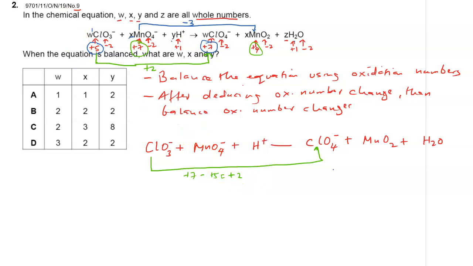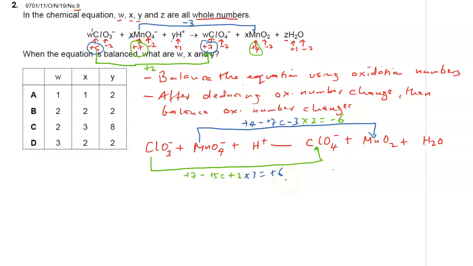For manganese, from here to here, it has decreased from +7 to +4, so +4 minus +7 gives us -3. So we need to balance these charges. To balance that, we multiply by 3 here to give us +6. We multiply by 2 here to give us -6. So the charges are balanced.